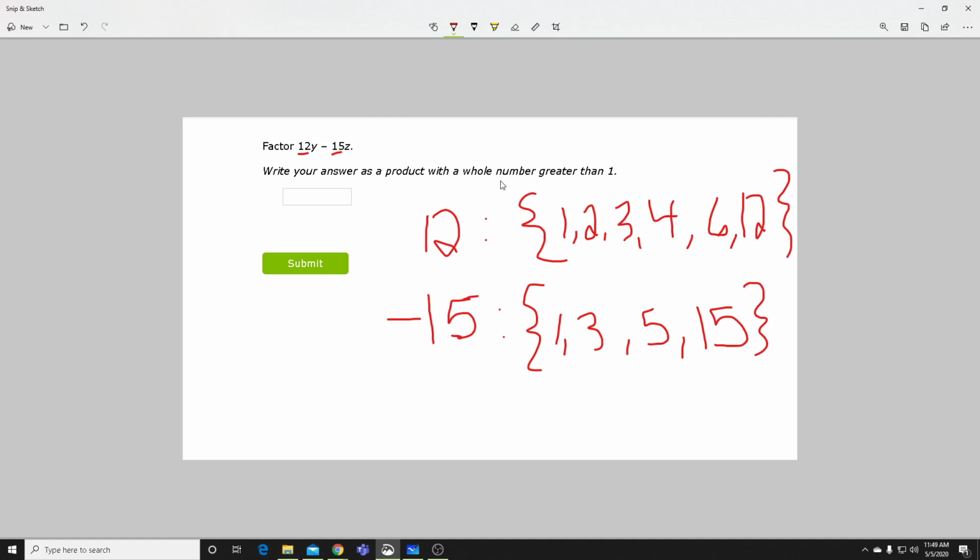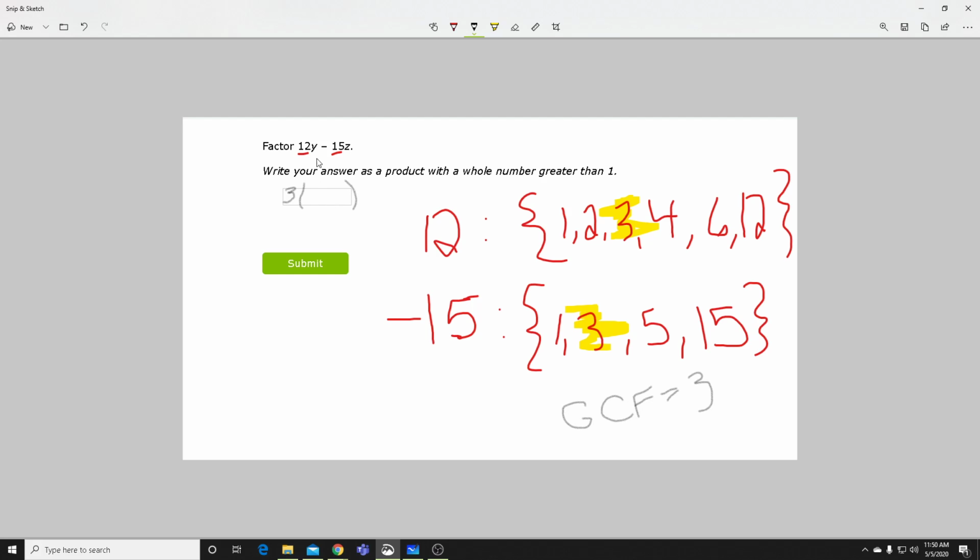So now we're looking for the greatest factor in common with both these sets. We know there's always a 1 in common. Looks like it's 3. So our GCF is 3. Okay. That means in our final answer, we're going to have a 3 outside the parentheses.